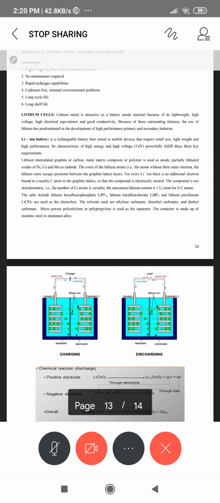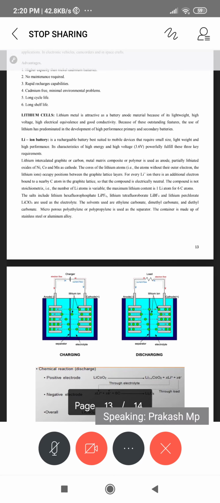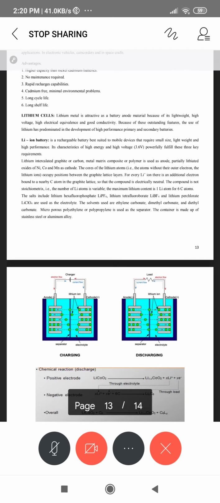At the time of recharging, carbon is impregnated into the surface of the anode. In the cathode, lithium cobalt oxide has very less lithium, Li 1 minus x cobalt oxide. The separated lithium gets back and attaches to the anode. These lithium ions plus carbon are both impregnated on the surface of the anode.